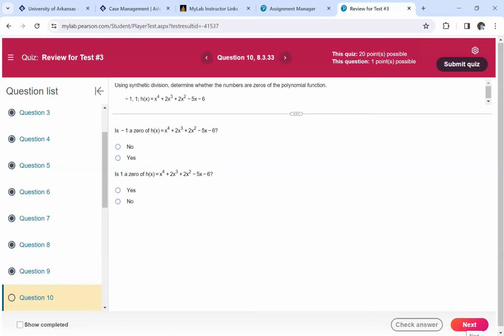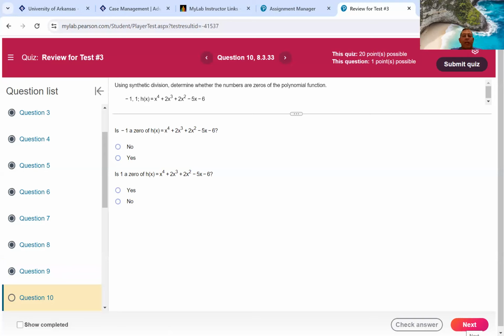Okay. So -1 and 1 are the two numbers. They want me to use synthetic division and determine whether they're zeros or not. So I got h of x will equal x to the fourth plus 2x to the third plus 2x squared minus 5x minus 6.